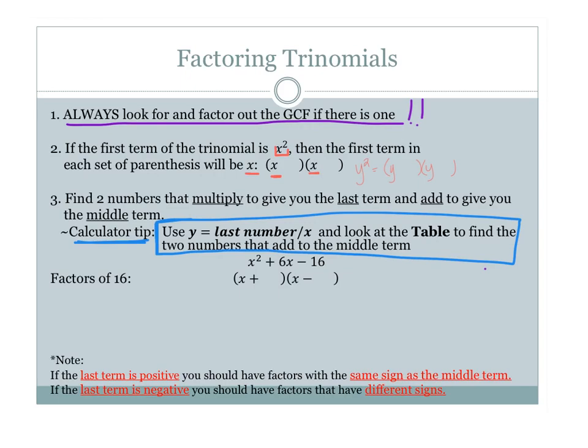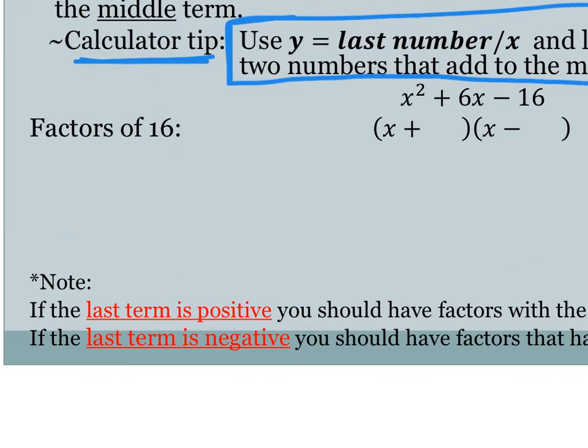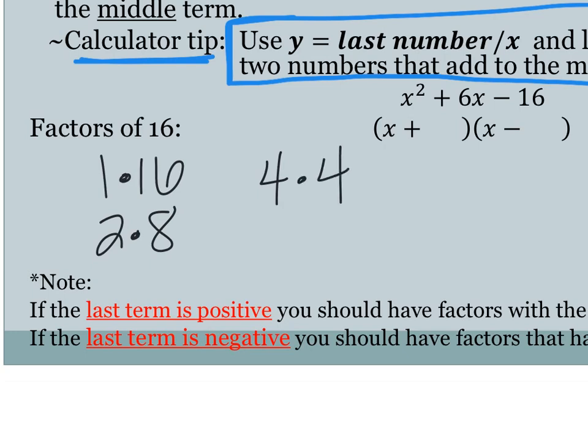So factors of 16, I know we have, I'm zooming in, 1 times 16, 2 times 8, sorry, that's multiplication, not a decimal, 4 times 4, 8 times 2, which is the same thing as 2 times 8. Those are our factors.